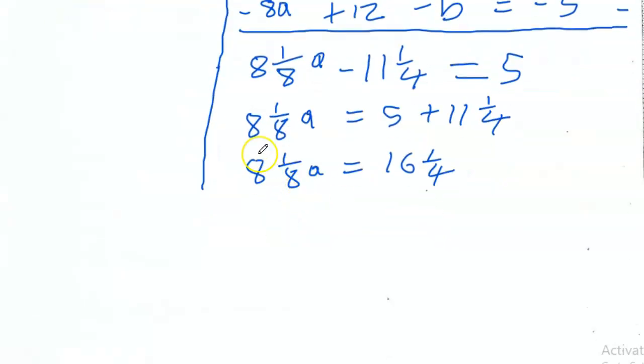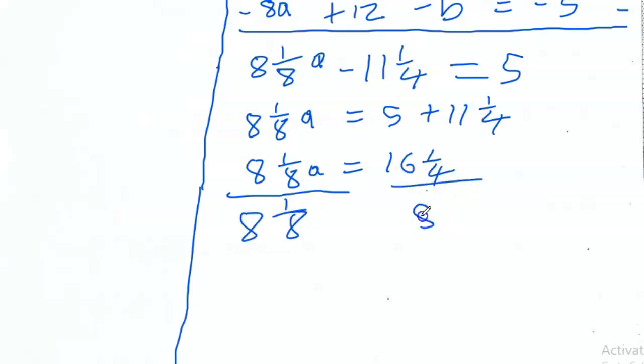So to find the value of a, we can divide both sides by 8 and 1/8. I'll just use my calculator for that. So we end up with a equals 16 1/4 divided by 8 and 1/8. We end up with 2. Or if you prefer, you could use decimals in this question.